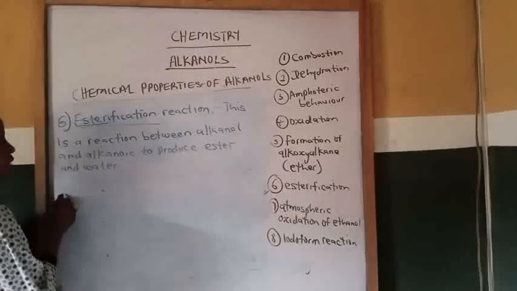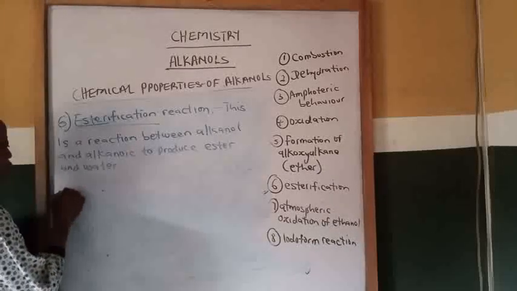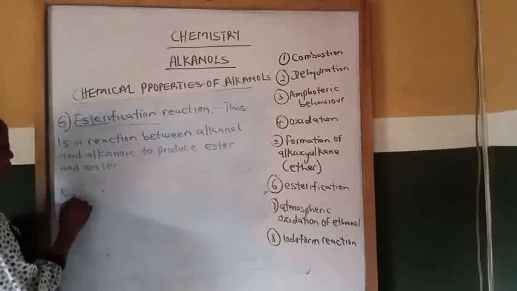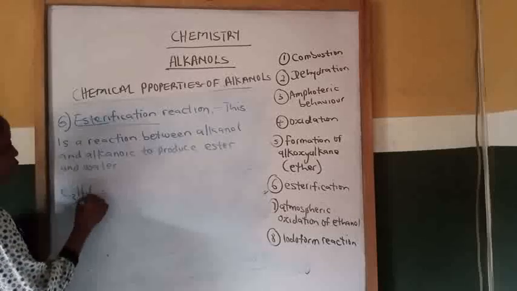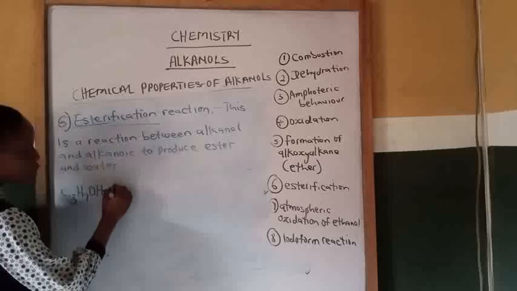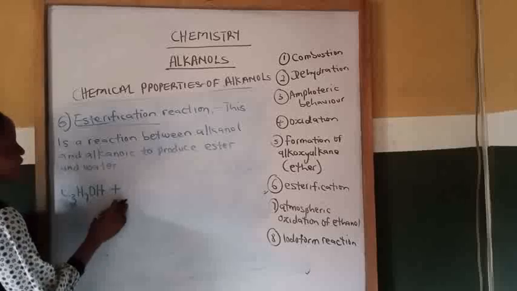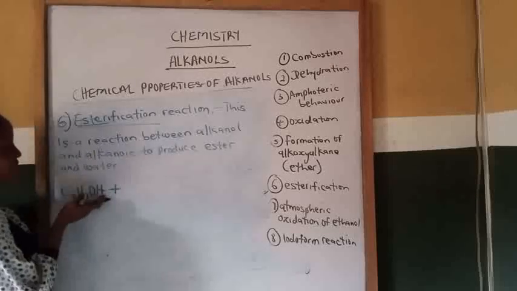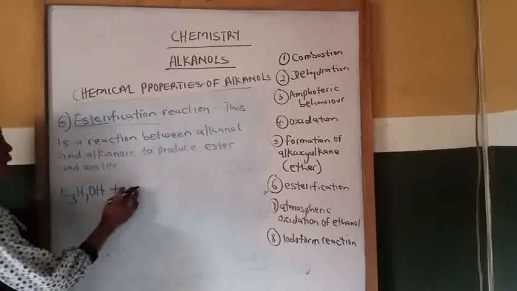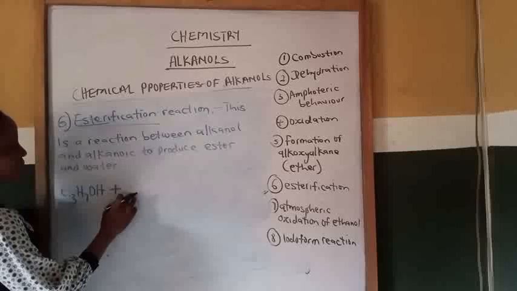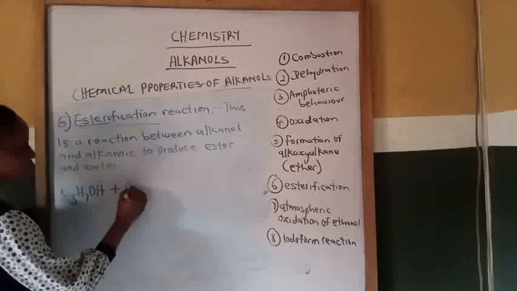Let's take another member of alkanol. I'll use propanol this time around. That's C3H7OH, my propanol. Then let propanol react with butanoic acid, because it is a reaction between alkanol and alkanoic acid.